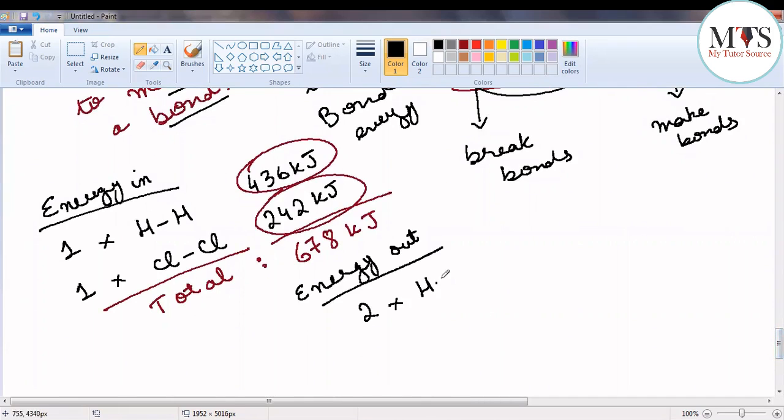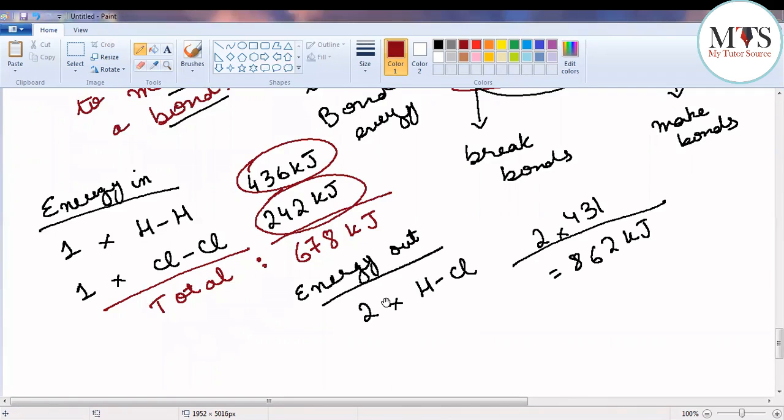So we have two HCl bonds, and the energy for one HCl bond is 431. So we are going to do 2 times 431 because we have two molecules, right? So this is going to give us 862 kilojoules in total, right? Okay, so 862 kilojoules in total in that case.